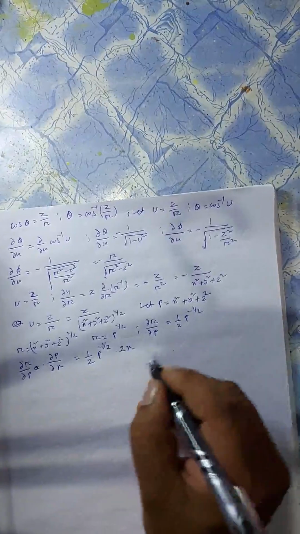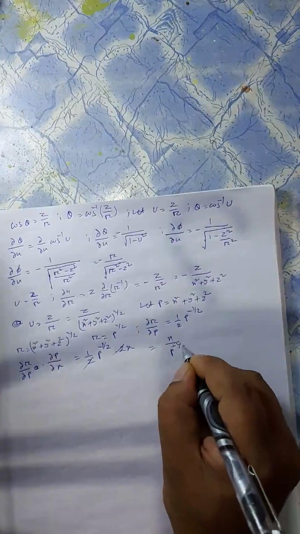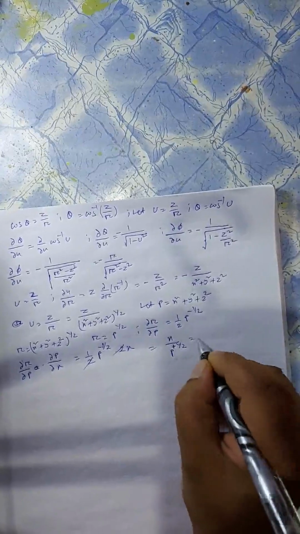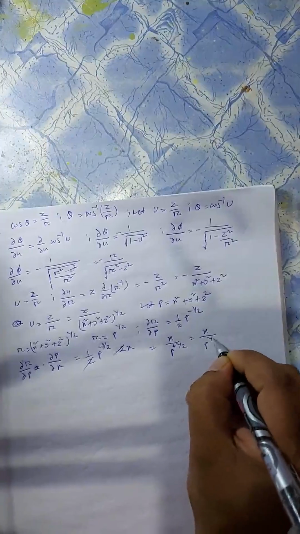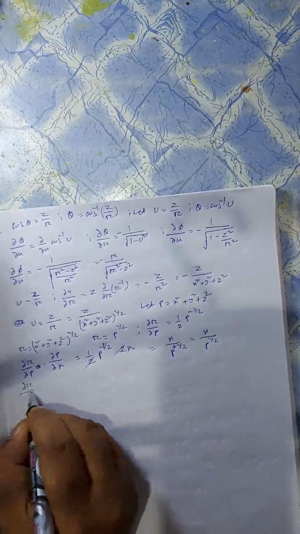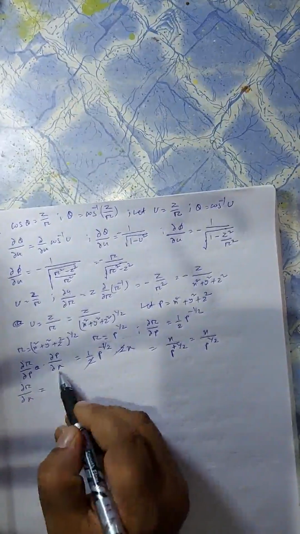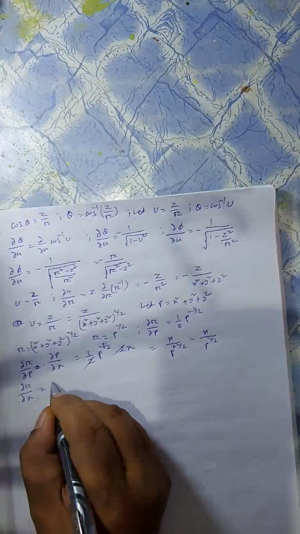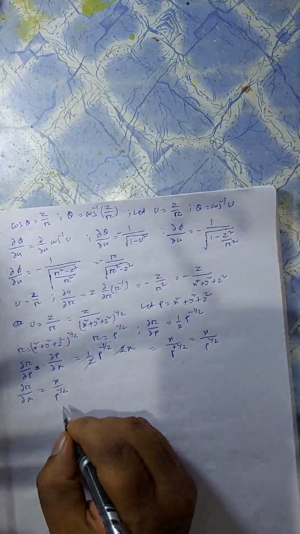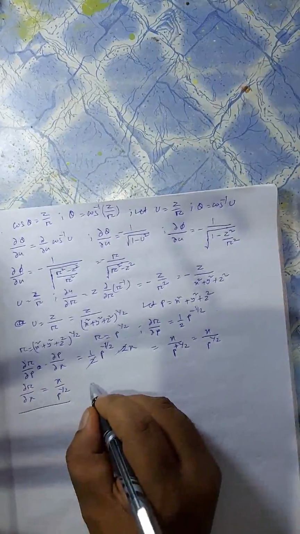These are constants, they will cancel, so it becomes x by p to the power half. So ∂r/∂x is equal to x by p to the power half. Okay, similarly, you make it one indication.